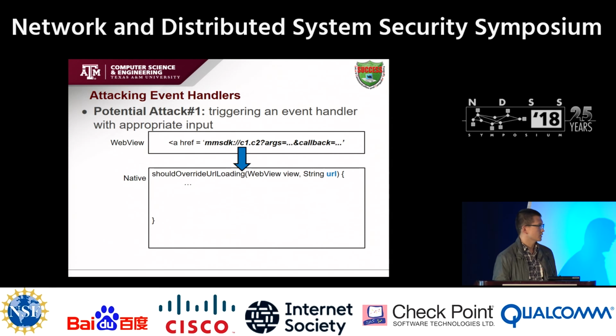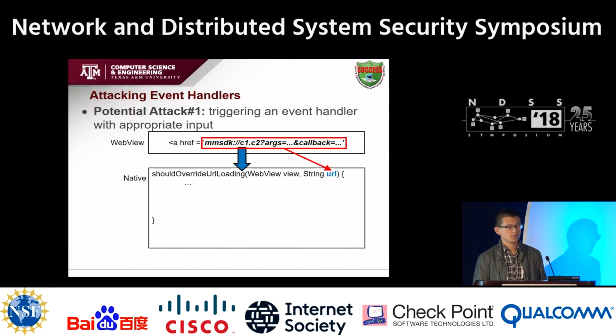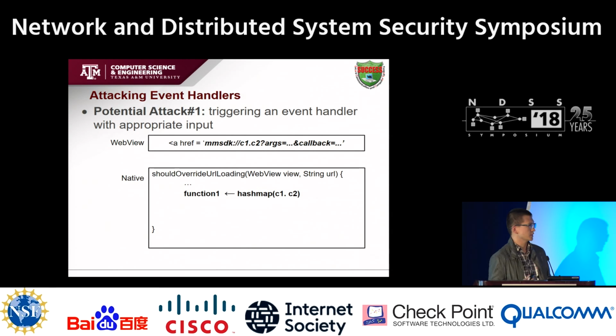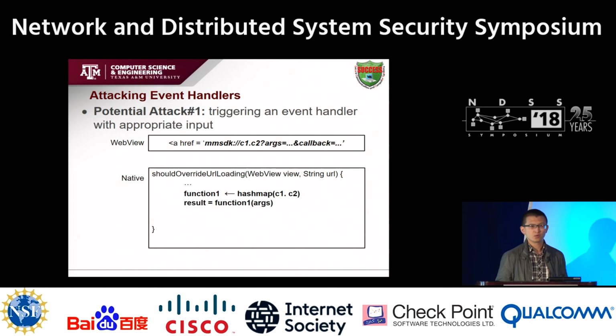The native method name is shouldOverrideUrlLoading, and it has 2 parameters. The second parameter is exactly the URL's content. At runtime, the URL content will be parsed. More specifically, firstly, C1 and C2 are extracted from the URL and then converted to a target function. And then the function will be called with some parameters.